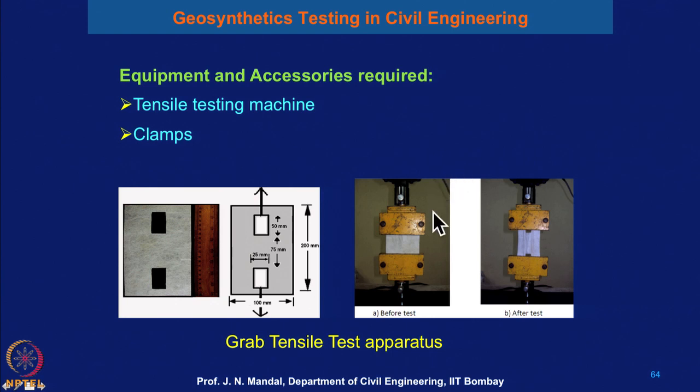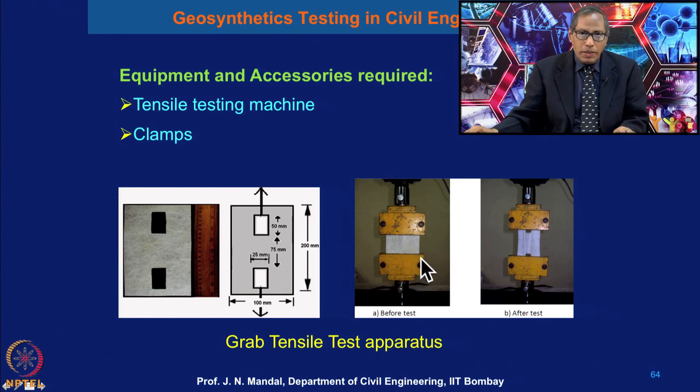You can see here, this is the tensile testing machine, this is the clamp and this is the geotextile material, before the test and after the grab tensile test.